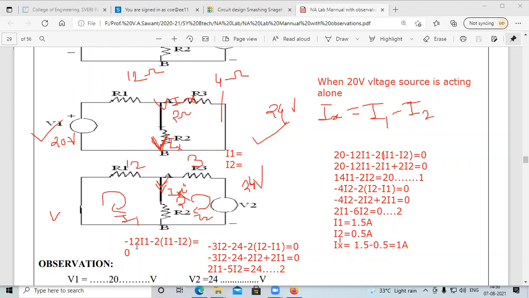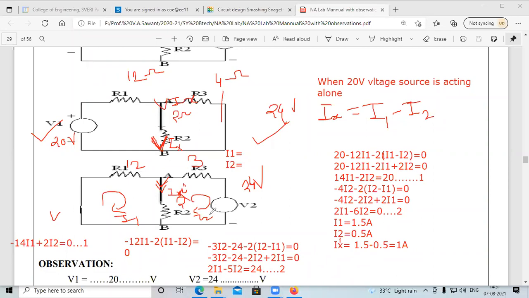Here it is minus 14 I1 plus 2 I2 equal to 0. This is equation 1, and this is equation 2. From equations 1 and 2, what is the value of I1 and I2?